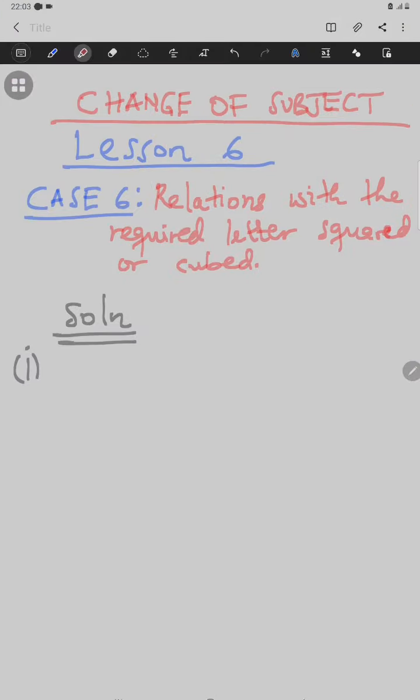All right. So we have U squared is equal to V squared plus pi D. So we ensure that the V we are making the subject is squared. So how do we ensure that the V squared is standing alone? We need to eliminate this, which is adding.